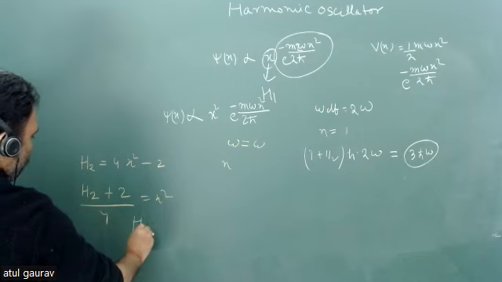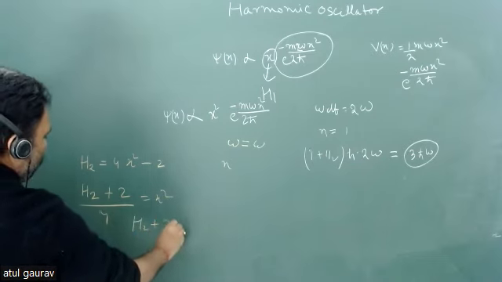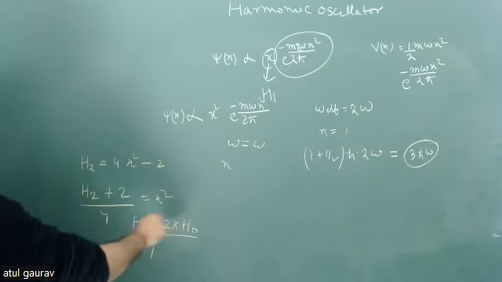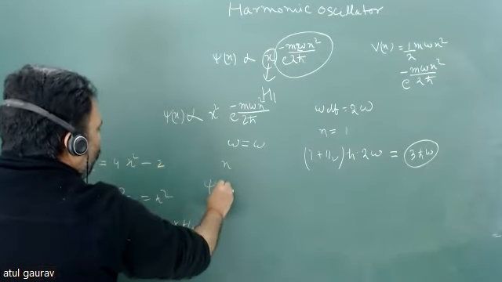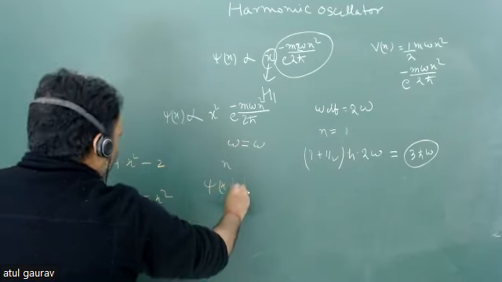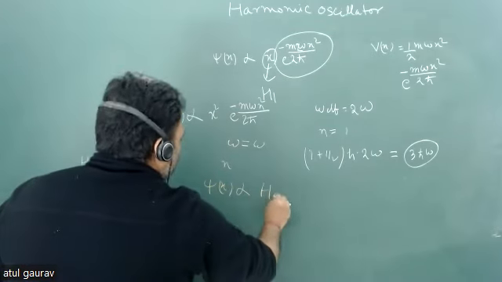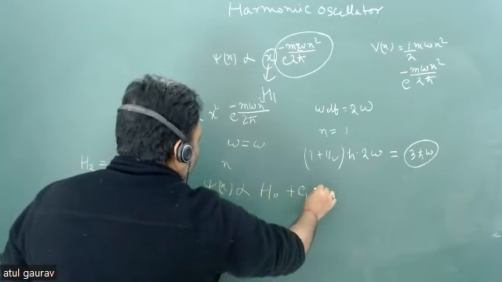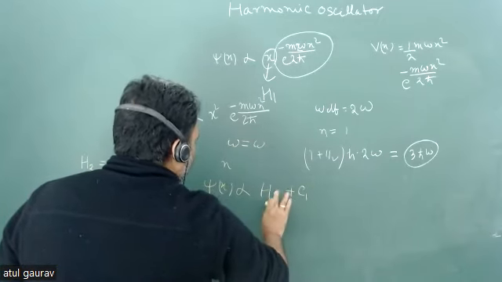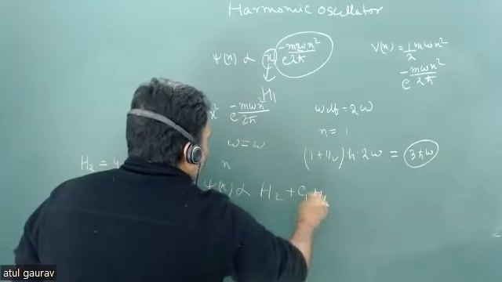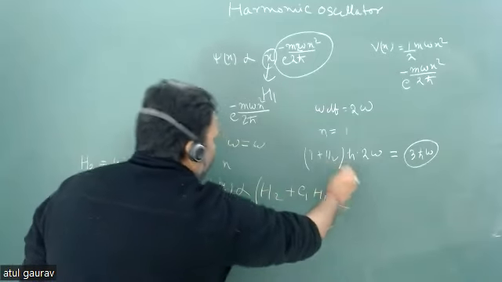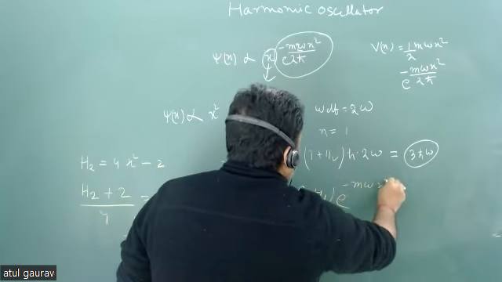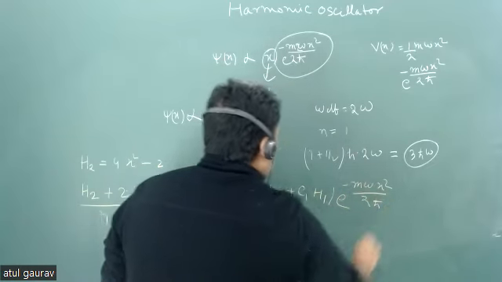So your x square is H2 plus 2 into H naught by 4. So this x square in the form of Hermite polynomial, this is H naught plus, let's say this number is H2, plus C1 H1. And then you have the Gaussian function.